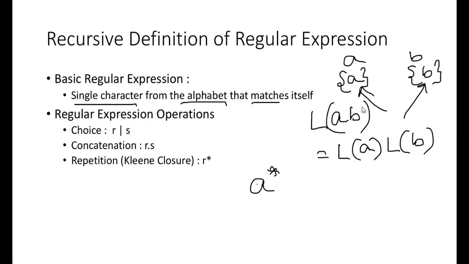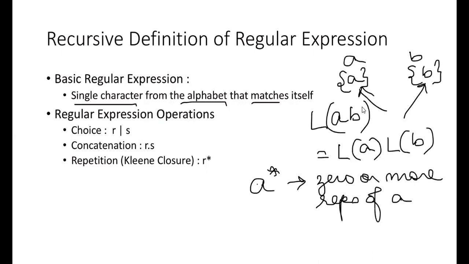It means 0 or more repetitions of the regular expression that we give here. So let me write 0 or more reps of, in this case our regular expression is A, so 0 or more reps of A. 0 means I don't have any element.